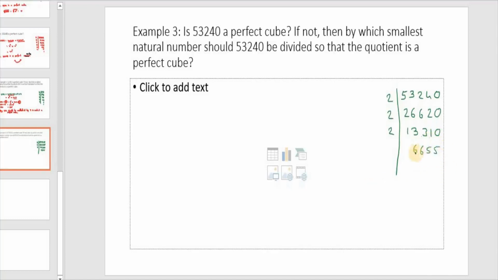Now let us see whether this number is divisible by 3. It is not divisible by 2. The digit sum is 22, and 22 doesn't come in the table of 3, so this number cannot be divided by 3. Let us divide by 5 now.